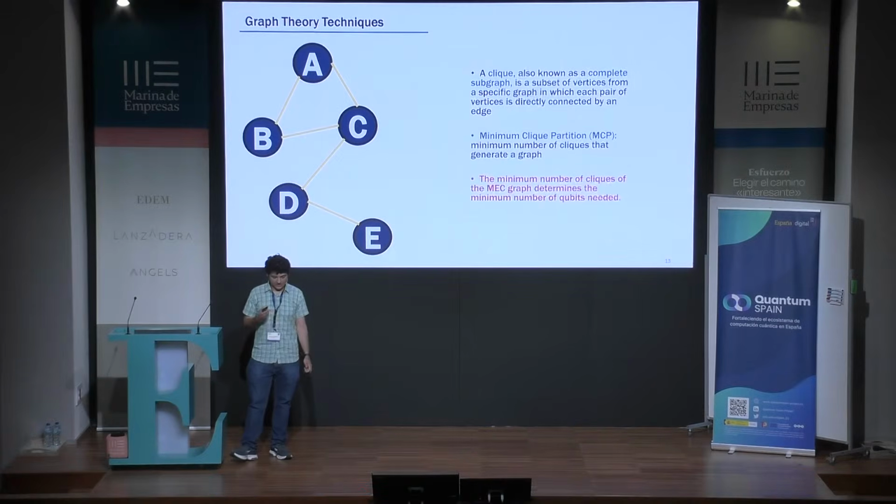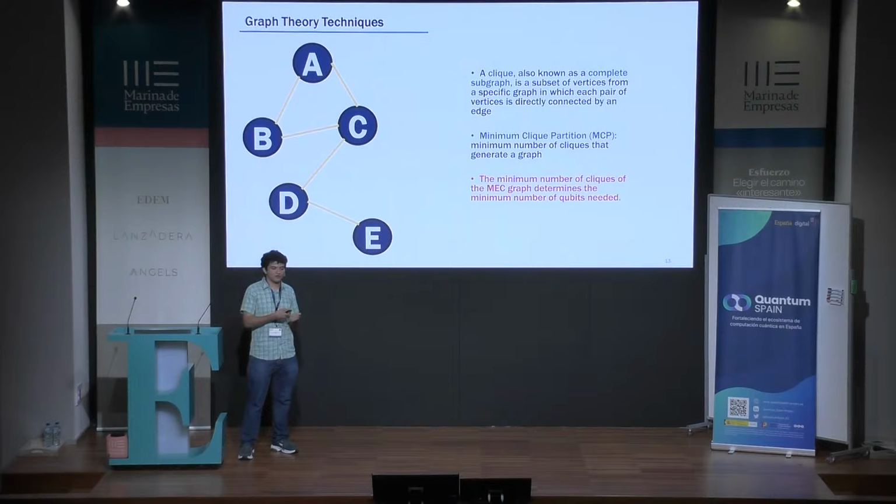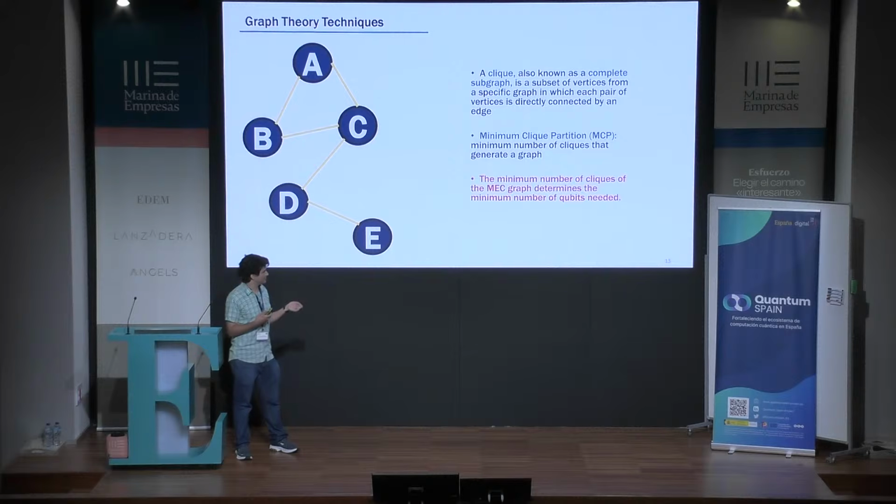So we utilize the minimum clique partition problem, which means we need to find the minimum number of cliques needed to fully represent a graph. And this is because the minimum number of cliques of the graph determines the number of qubits we need to use as ancillary.